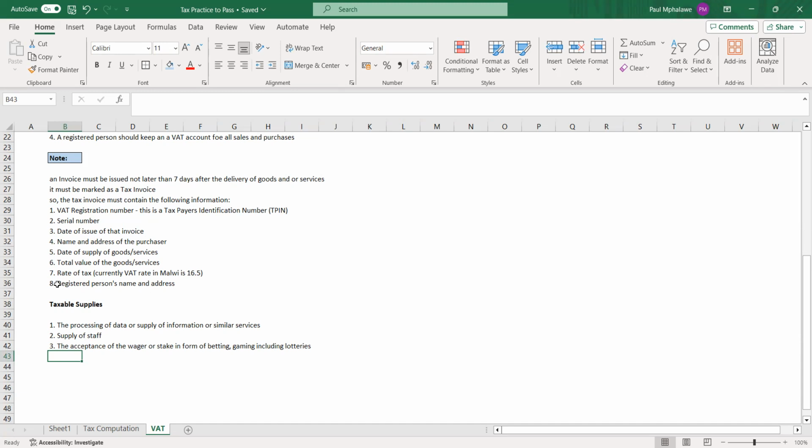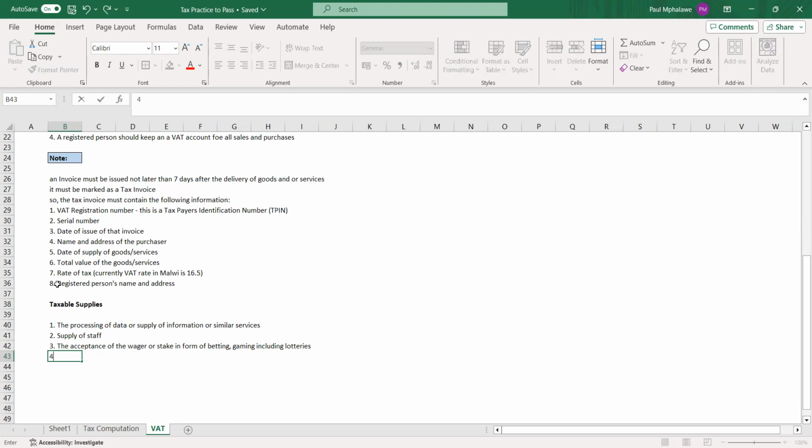So these are special cases where you don't count the input tax. You just calculate the output tax of 20%. You divide in two. Half goes to Malawi Revenue Authority, and another half goes to the gaming board. So you don't have to calculate input tax. Those are the special cases.